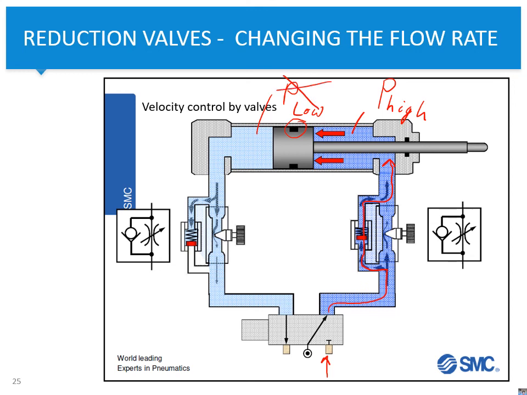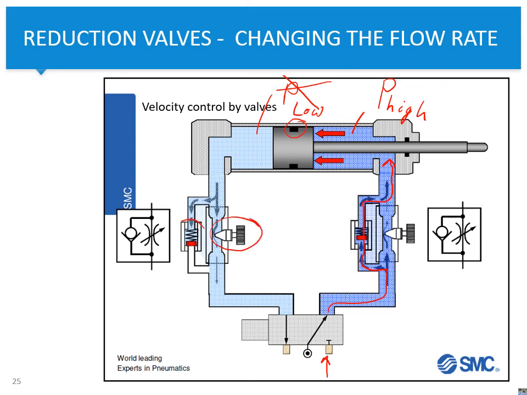The P low isn't low anymore, but a little higher. It's like an air cushion again, and we regulate the flow going out of the head side of the cylinder by this adjustable flow control unit.